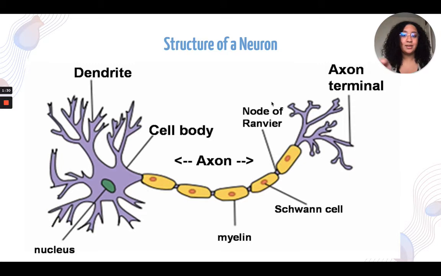Then in between, you can see there's a little gap between one myelin and another myelin, and that little gap is a node of Ranvier. So there's myelin, the node, and then there's another myelin sheath. And then at the end there is the axon terminal. That's where neurotransmitters are released. And we'll get into that.